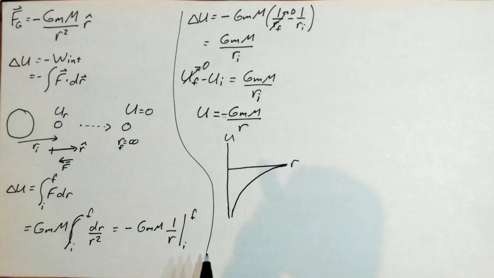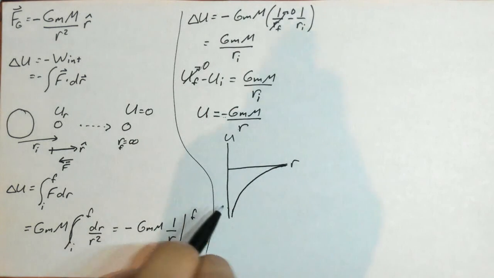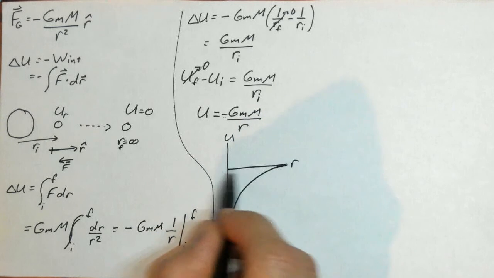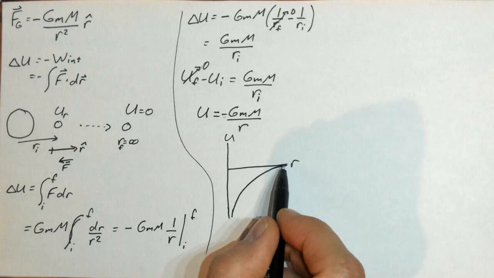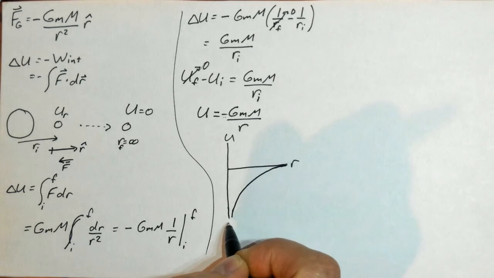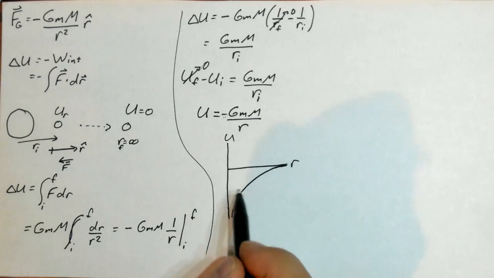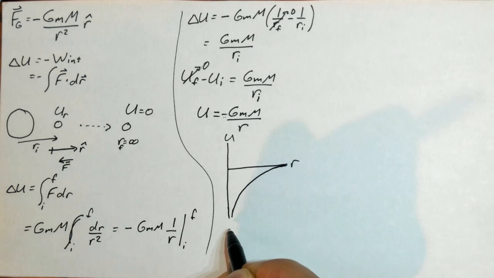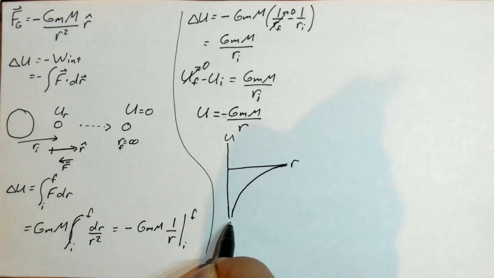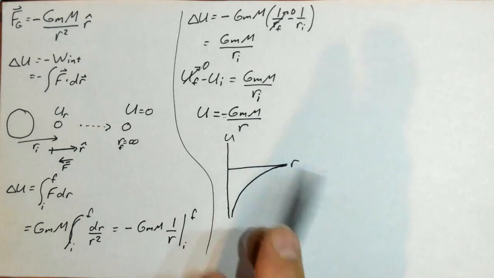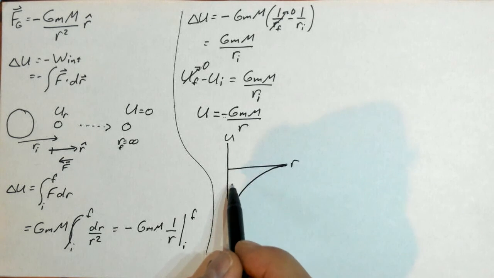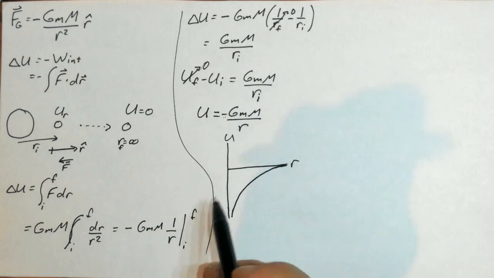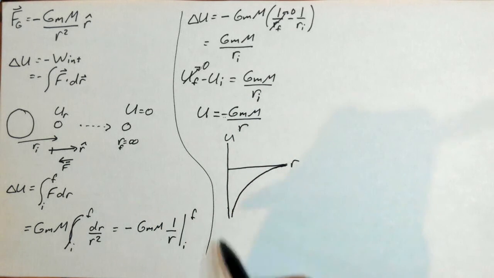Sorry, I said that backwards. I was confusing myself there. I'm glad I caught myself. When r is really big, we're close to 0. Okay, all right, but that's bigger than negative. So when r is really small, I'm super negative, and as I get further away, you can basically say my height is getting bigger. I'm getting less negative, which is a bigger potential energy. So this is consistent with our other understanding.